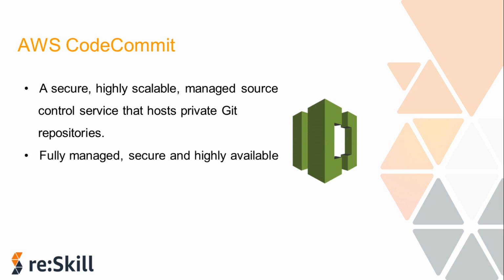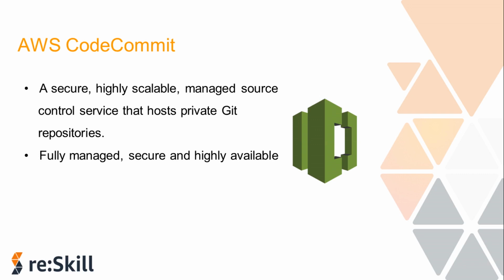Also, it makes collaboration easy because it is designed for collaborative software development. You can easily commit, branch, and merge your code, allowing you to easily maintain control of your team's projects. It's secure because you can transfer your files to and from CodeCommit using HTTPS or SSH as you prefer. And it's highly available because CodeCommit stores your repositories in S3 and Amazon DynamoDB.